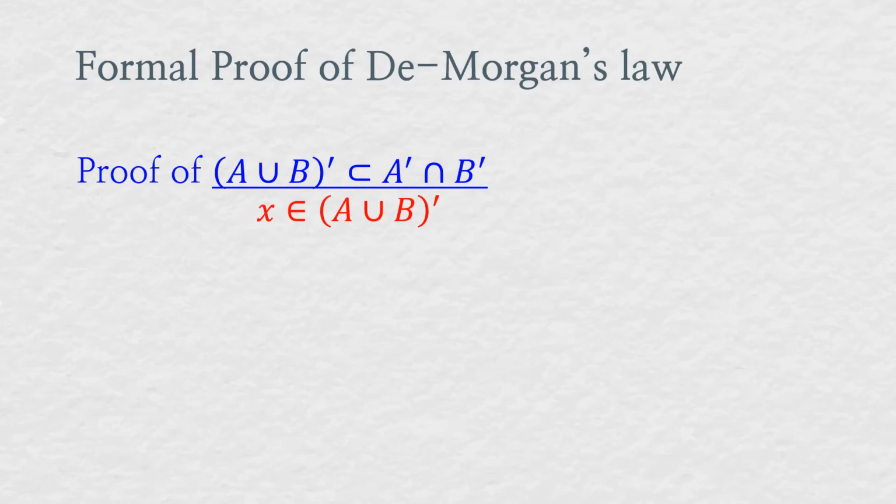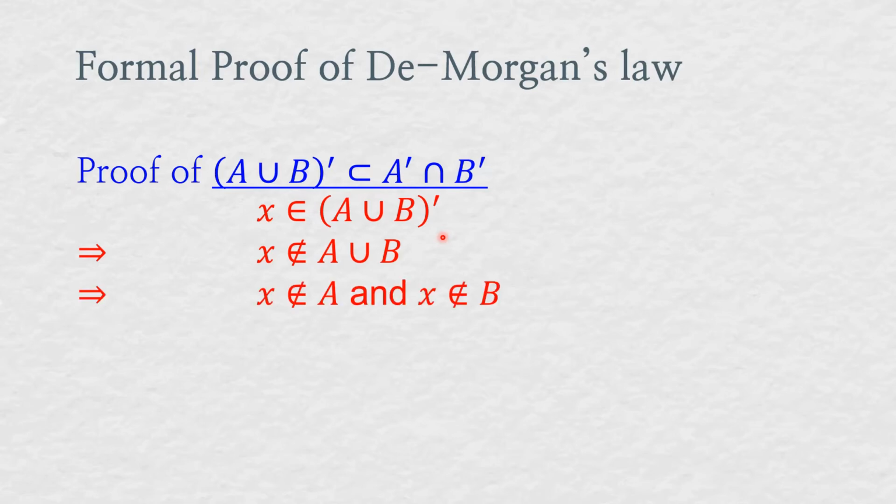For every element X that is there in the complement of the union of sets A and B, since this element is there in the complement of A union B, it will not be there in the union of A and B. And since this element X is not there in the union of A and B, it will neither be in set A nor be in set B.